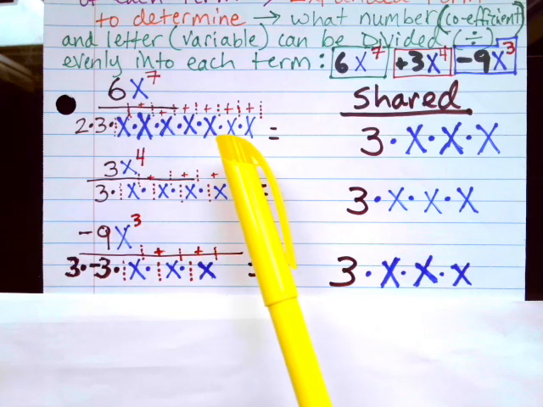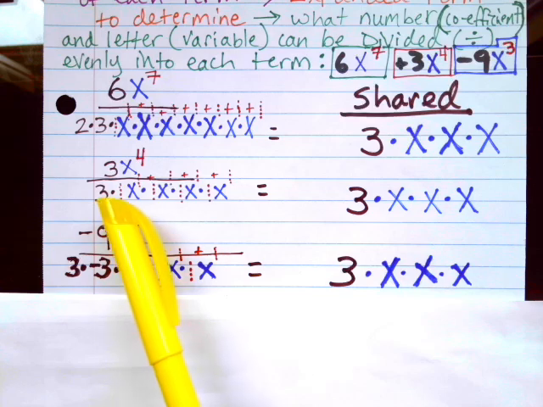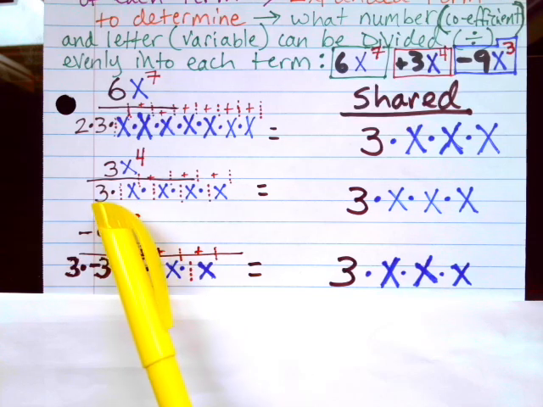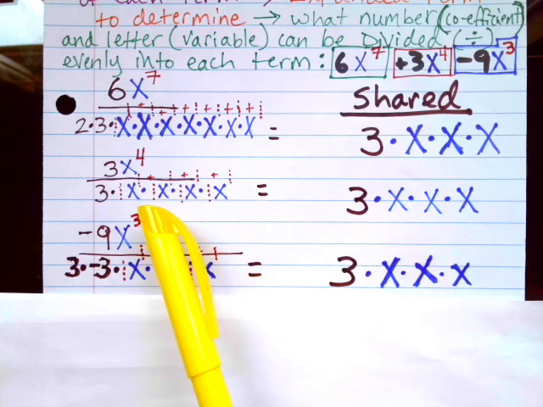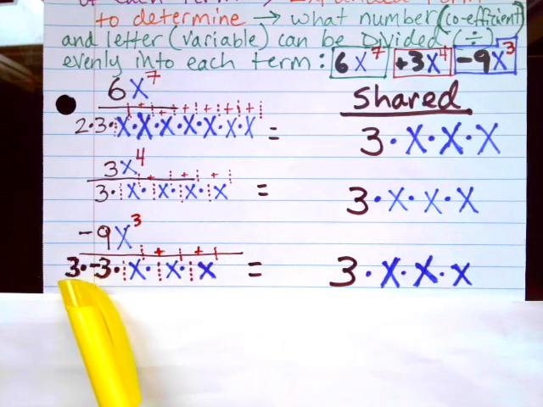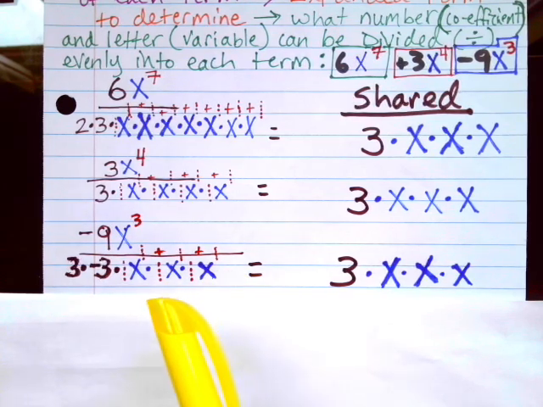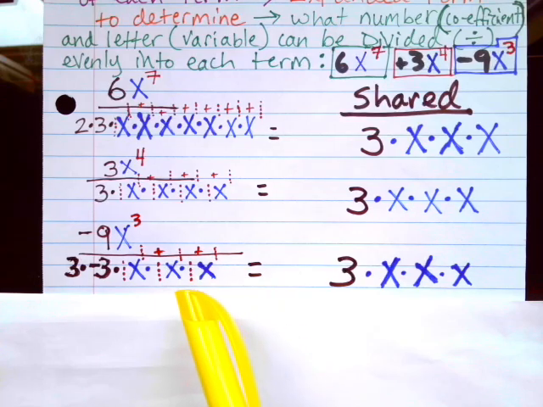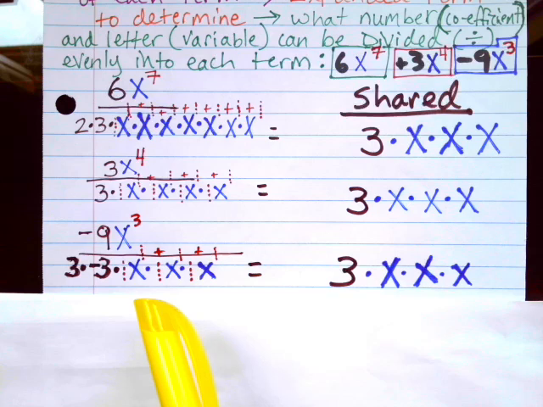That gives me 6x to the 7th power. 3x to the 4th power: well, I know 3 times 1 is 3, and x times itself 4 times gives me x to the 4th power. And I know 3 times a negative 3 would give me a negative 9, times 3 x values will give me a negative 9x cubed.